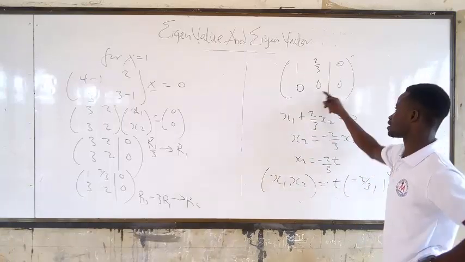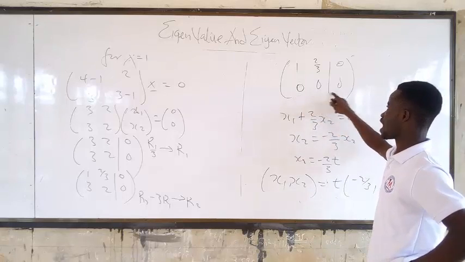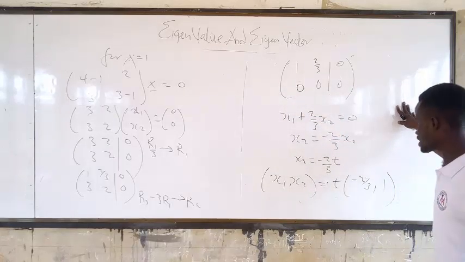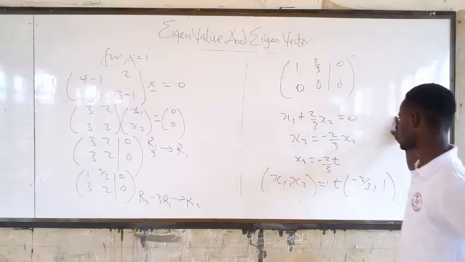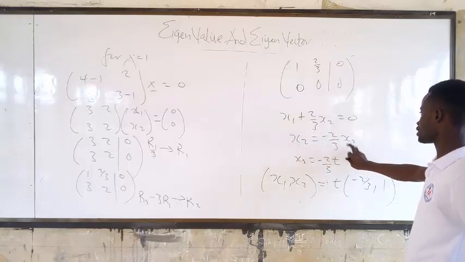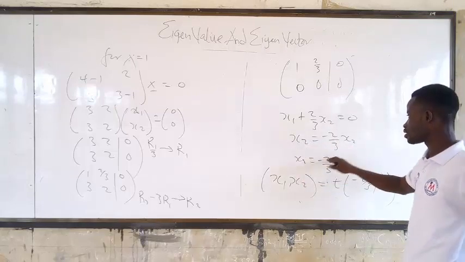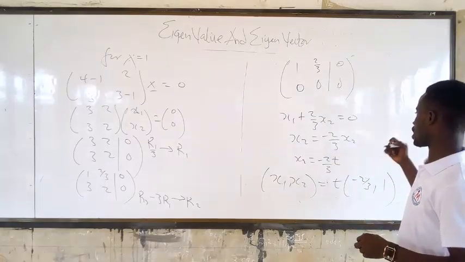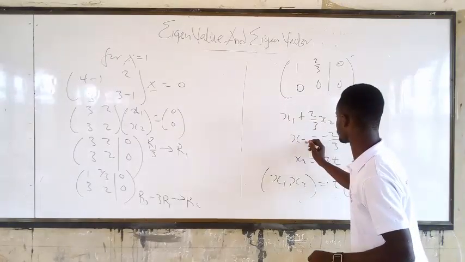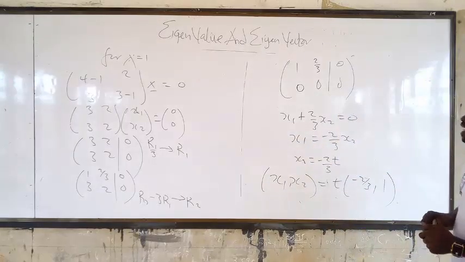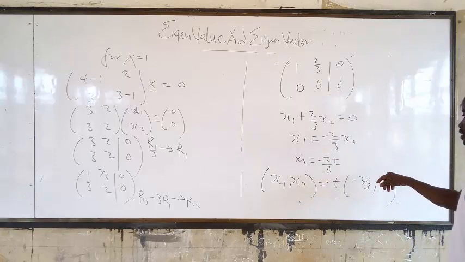Alright? And since we are having 0 here, it means infinitely many solutions. So you have to assign a parametric form for it, and that's that. So x2 will be equal to this, and x1 will be equal to this, then we assign a parametric form for x2.